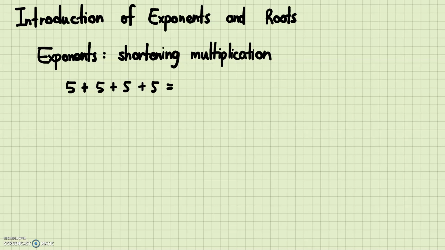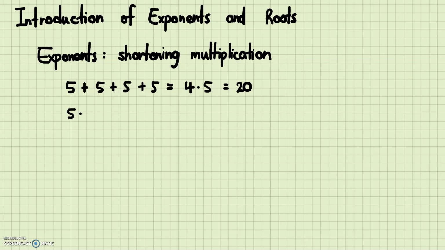Instead of writing the same thing 4 times like this, you can just simply write that as 4 times 5, right? And this means that 5 is being added 4 times. So once you memorize the multiplication table, instead of having to add these individually, you can just say that the answer is 20. And exponents do that for multiplication.